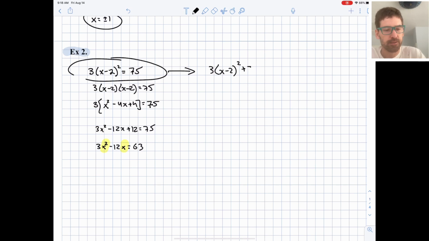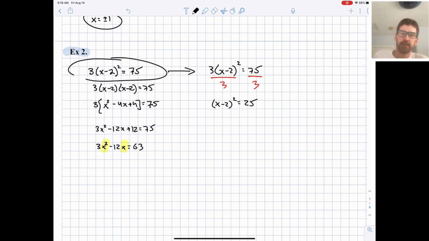We can just divide both sides by 3, okay? And so we get an x minus 2 quantity squared equals 25. Now we can square root both sides.